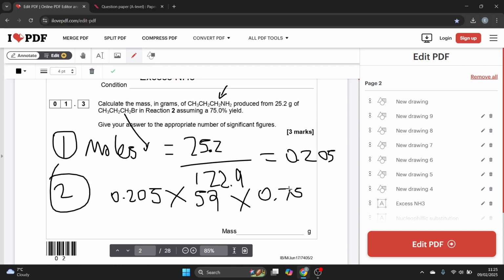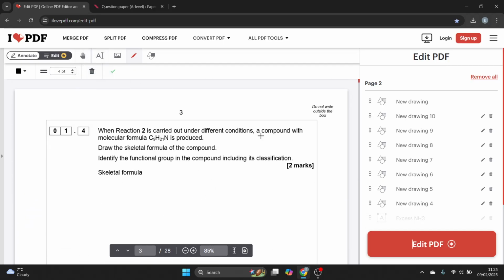And you get 9.07 grams. It must be to three significant figures.